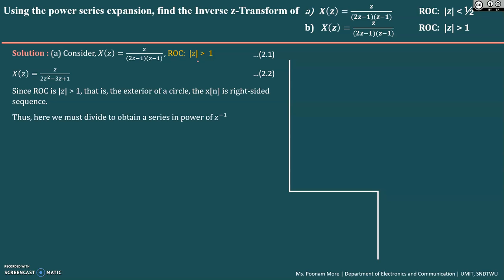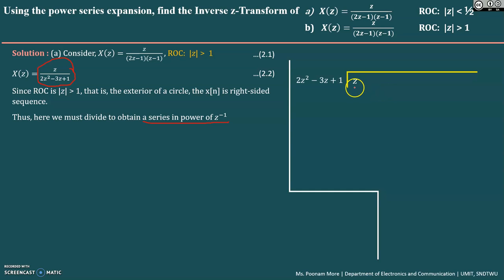To obtain that, we must perform this division such that we obtain a series in the power of z inverse. That means after division we should express our x of z in negative powers of z. So let's perform the division.